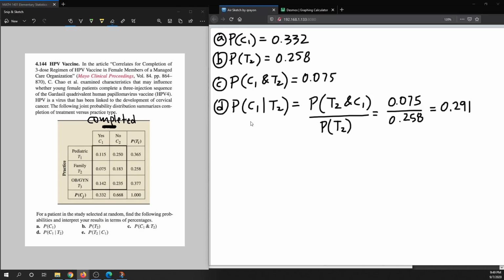All right, and that puts us at part E. In part E, we want to know the probability of T2 given C1. All right, so again, that is a conditional probability. We would use the conditional probability formula. That would be the probability of C1 and T2 divided by the probability of C1.